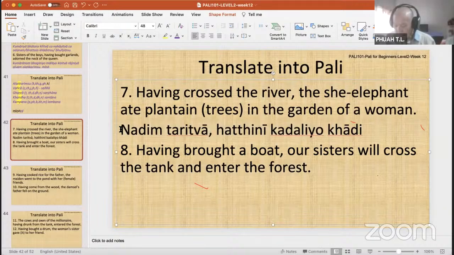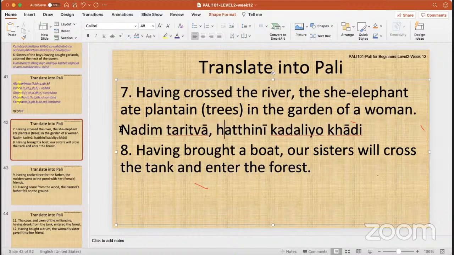Arame, of the garden. Of a woman, Narya. Narya arame. So where do we fit that one here? Where is the place? Before Kadaliyo or after Kadaliyo? Before Kadaliyo.